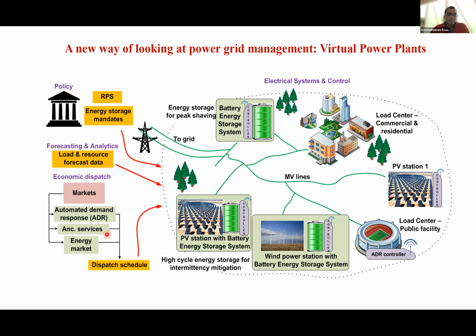But when it comes to day-to-day operations, the first step that happens is forecasting and analytics. So what you do is, using historical data and machine learning principles, one could predict the load and resource forecast for a future time period.